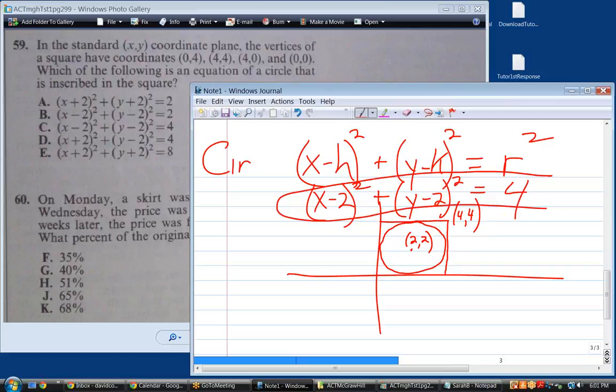So there's my equation of that circle. Which one is that? So that's C. And the easiest mistake to make is to make it equal to r instead of r squared. So make sure you remember that it's r squared.